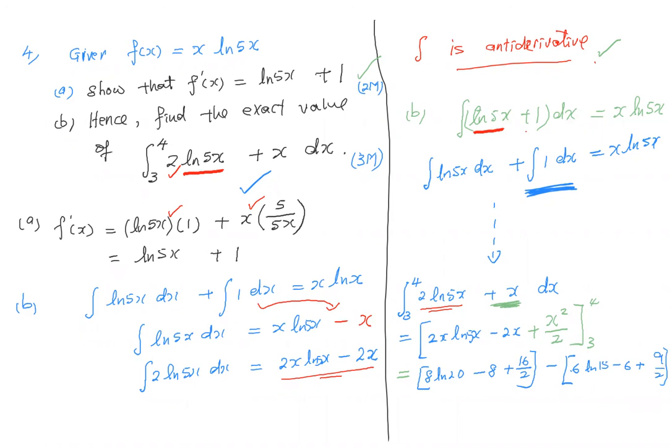Okay, then you simplify. 8 ln 20, this one is 0, am I right? Yeah. Take away. Don't be too quick. Maybe Mr. will make mistakes as well. I'm very good in that.